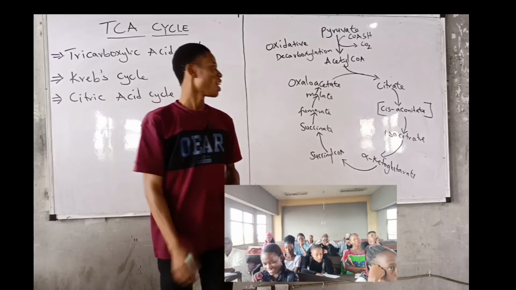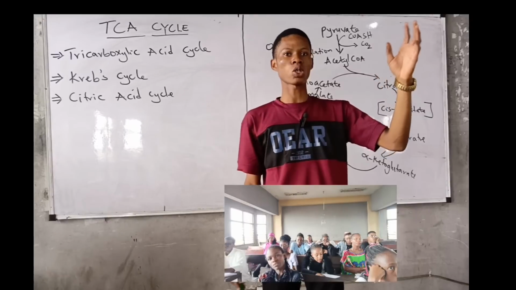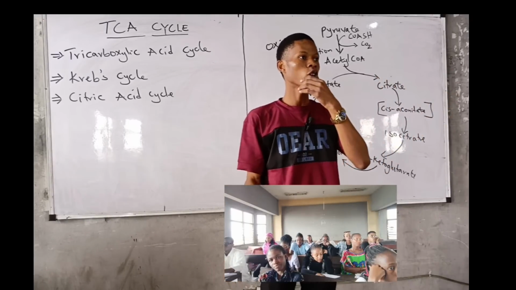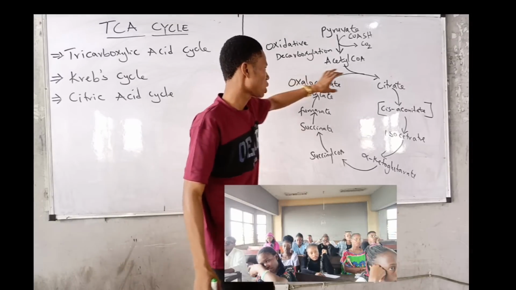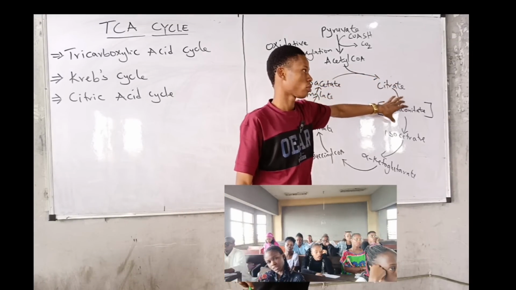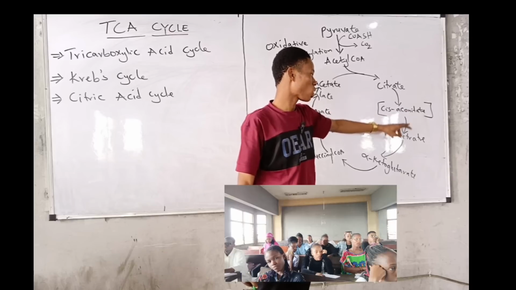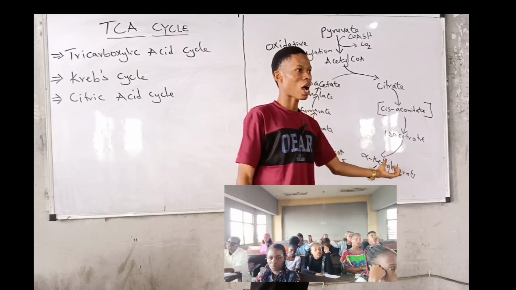Alright, so note that first pyruvate is converted to acetyl-CoA. Acetyl-CoA condenses with what? Oxaloacetate to form what? Citrate. Now citrate is converted to what? Cis-aconitate to what? Isocitrate now to what?